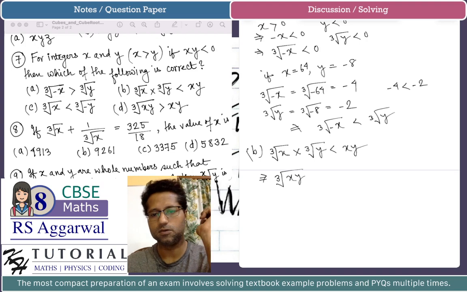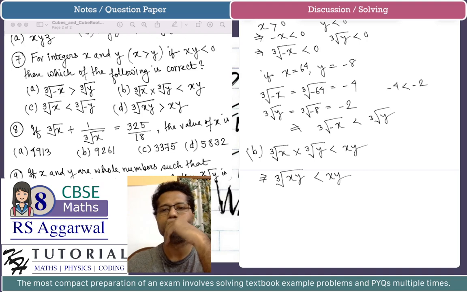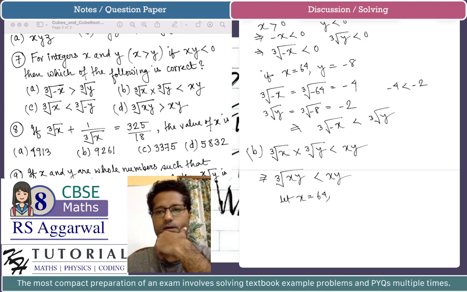So it is trying to say cube root of xy is less than xy. I don't think so, because if you take the same example, let x be 64 and y equals to minus 8.